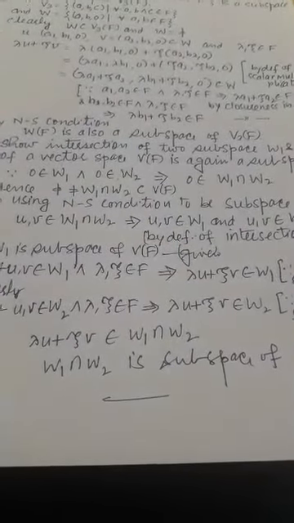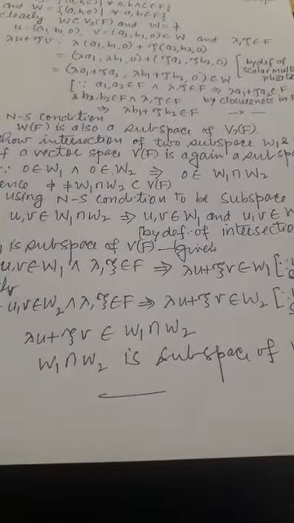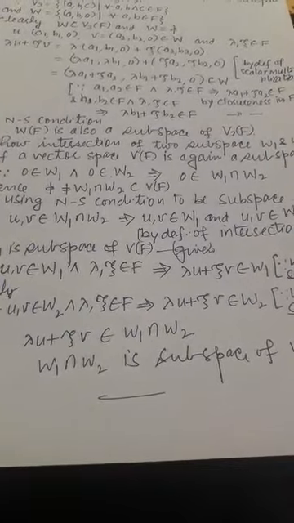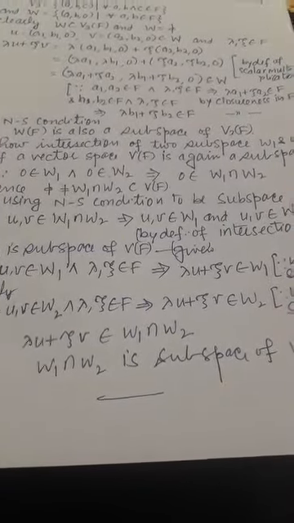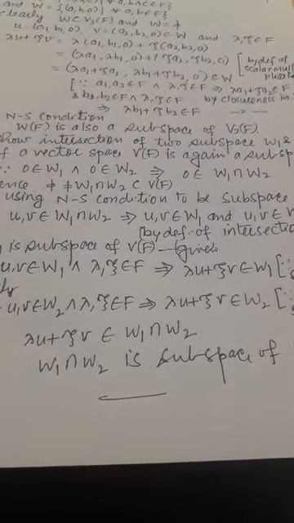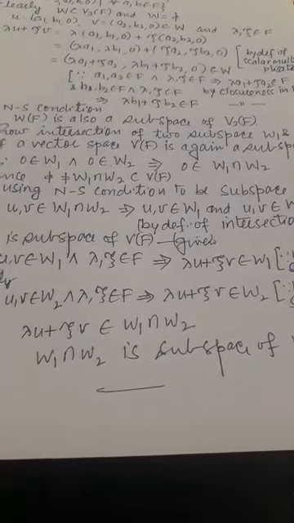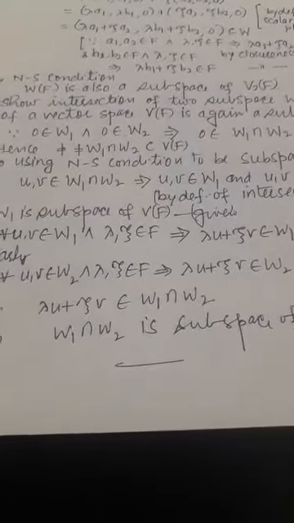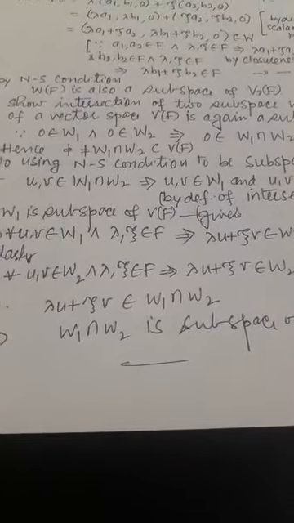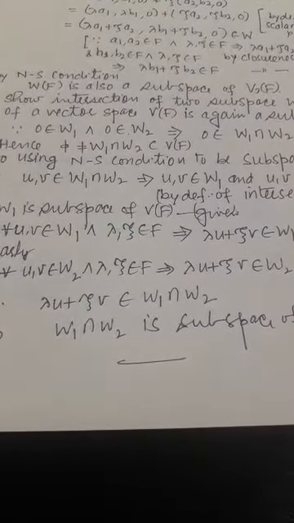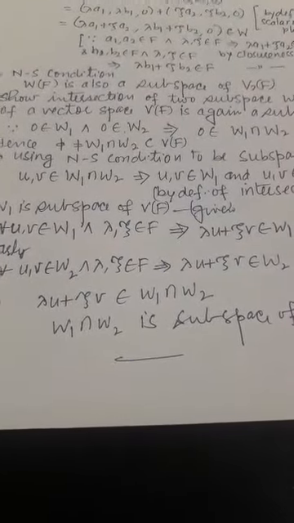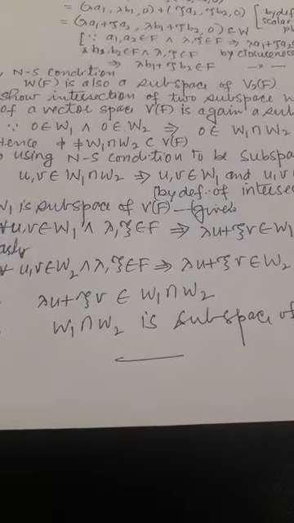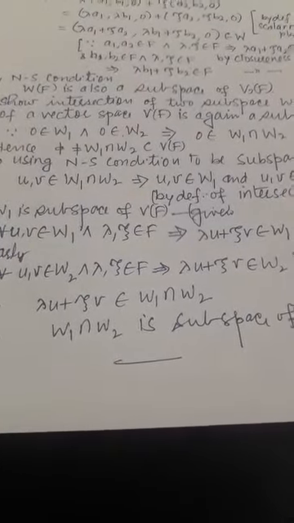Since 0 is contained in W1 as well as W2, so 0 is contained in the intersection of W1 and W2. So the first condition to be a subspace is fulfilled, that is, non-void subset.